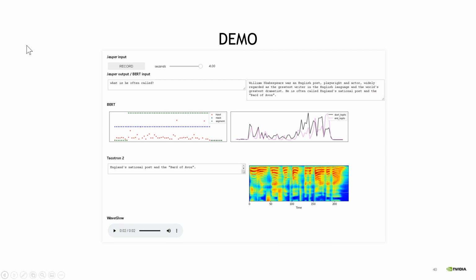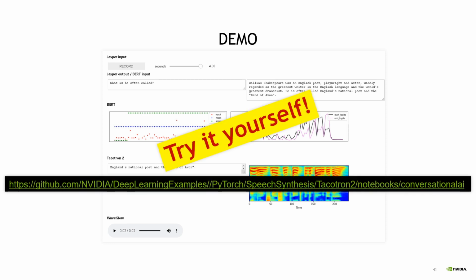With the described steps, we were able to implement our conversational AI system, and you already saw the demo. What I would like to do is to encourage you to try this demo yourselves.